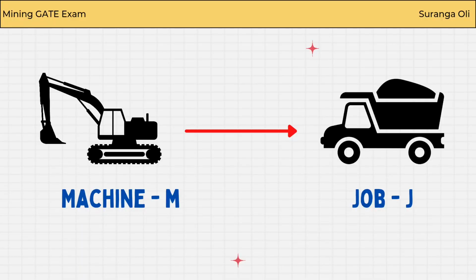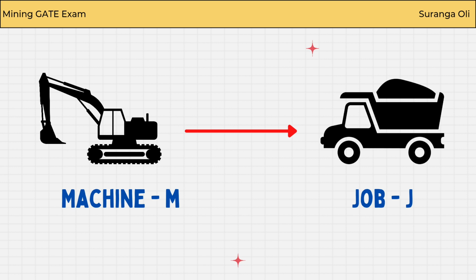Now, let's assume an excavator to be a machine, which is abbreviated as M. This excavator machine has to load a particular type of material onto a tipper.